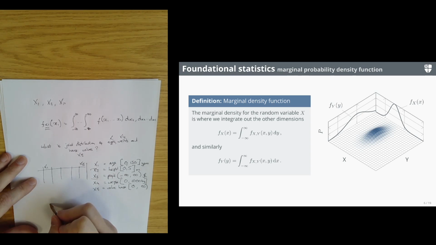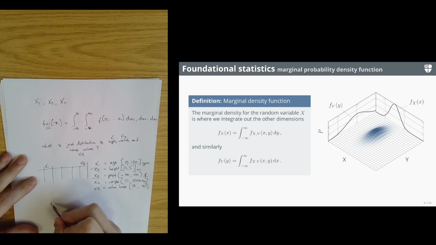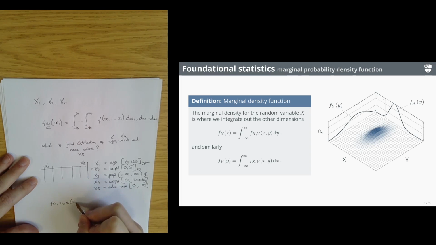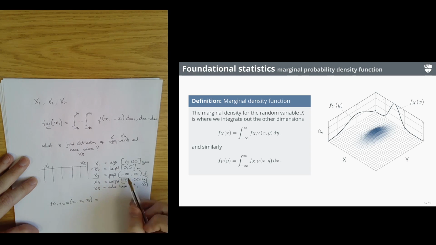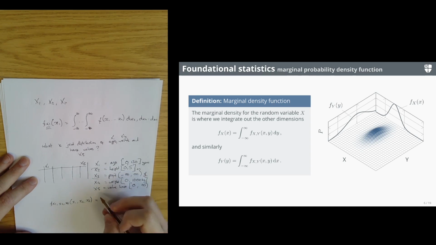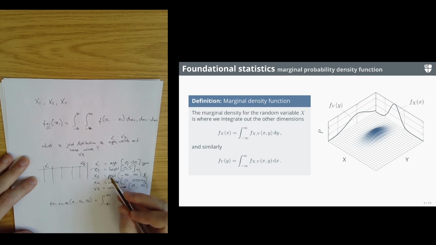So we would say the marginal distribution of x1, x4 and x5, and then we integrate out x2 and x3, so we actually go the other way, just doing inside out, infinity for the profit, and then 0.5 for the height, so that's over this domain.